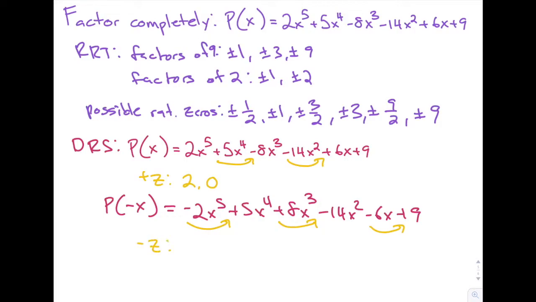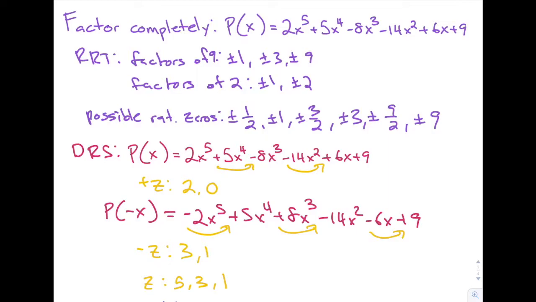So negative zeros, we should expect 3 or 1. So altogether, we should have 5, 3, or 1 real zeros. Now, I'll give it away. We're going to have 5 real zeros here, but now we have a sense of how many to expect that are both positive and negative.